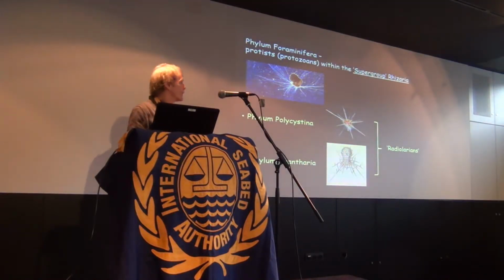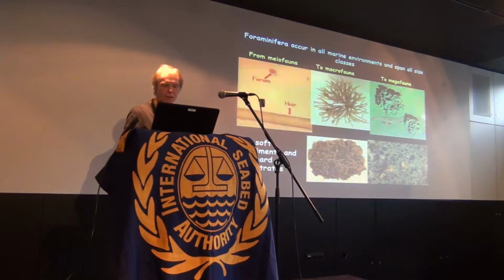They are a phylum, the phylum Foraminifera, protists within the supergroup Rhizaria. Here they're related to the Polycystina and the Acantharia, which until recently were grouped together as radiolarians. The radiolarians are now known to be a polyphyletic group. Anyway, these are some of the closest relatives of the forams.